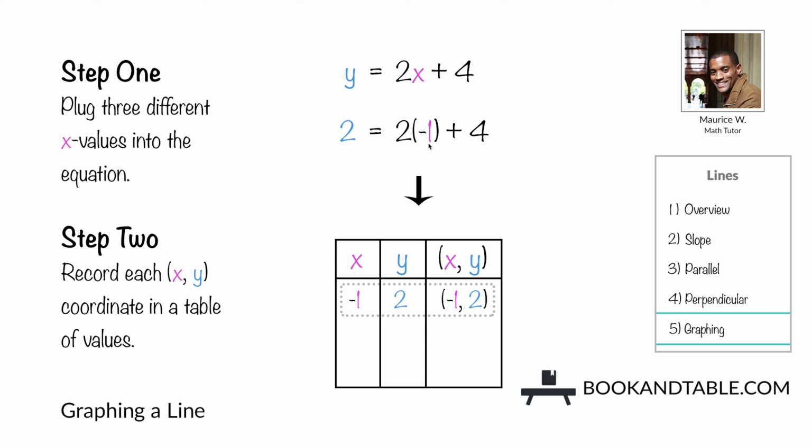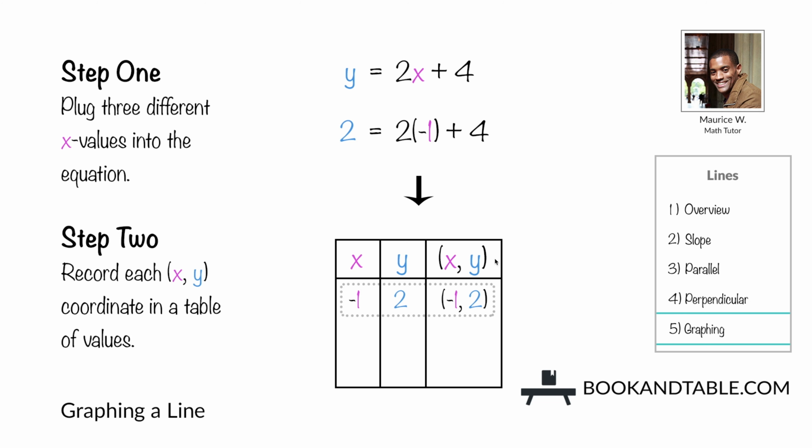So we plug in -1 for x. -1 times 2 is -2. -2 plus 4 would give you +2. So -1 for x gives you a final value of +2 for y, giving us an xy coordinate of -1, 2.